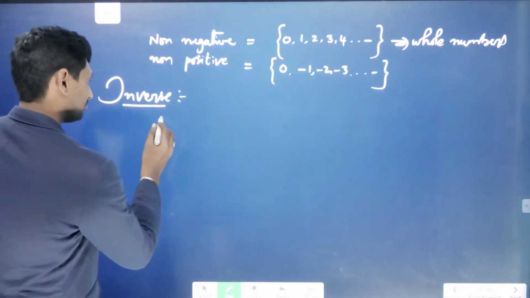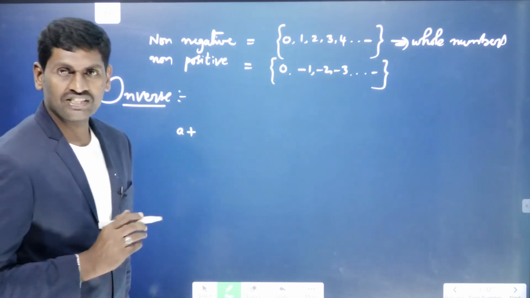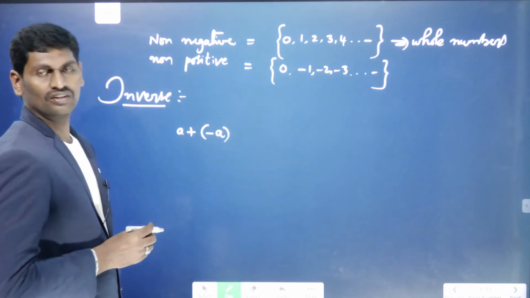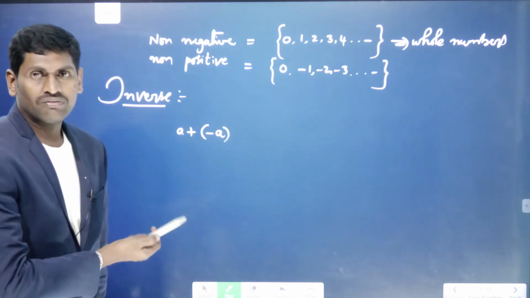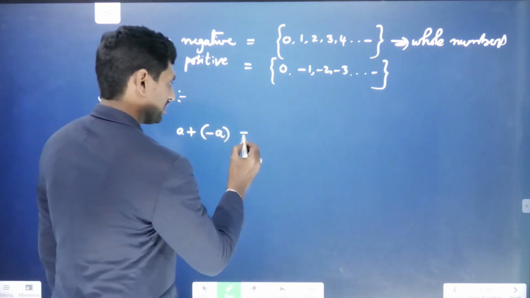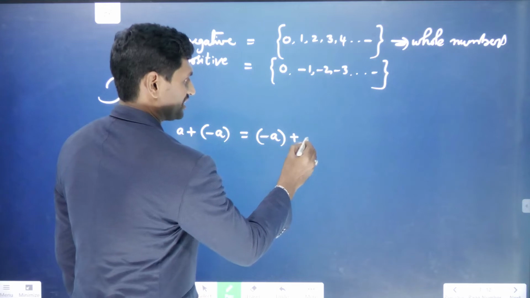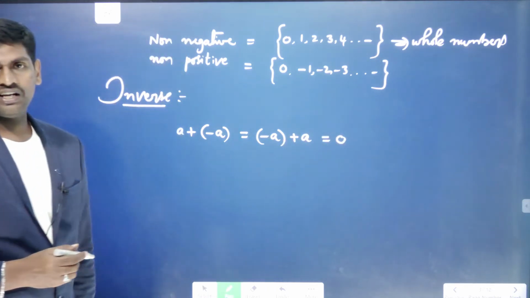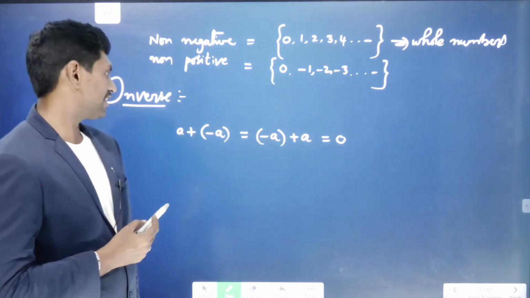That means if A is a positive integer, its negative integer will be minus A. For every positive A, its additive inverse will be negative A. Same way, for every negative integer, there exists one positive number. This is called the inverse property.